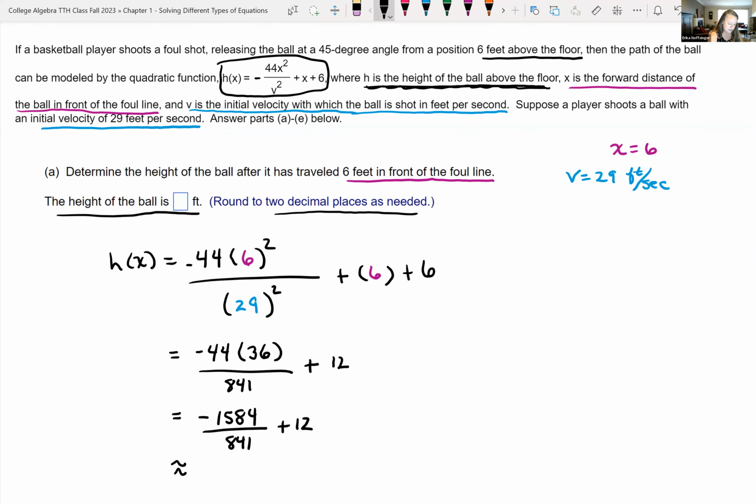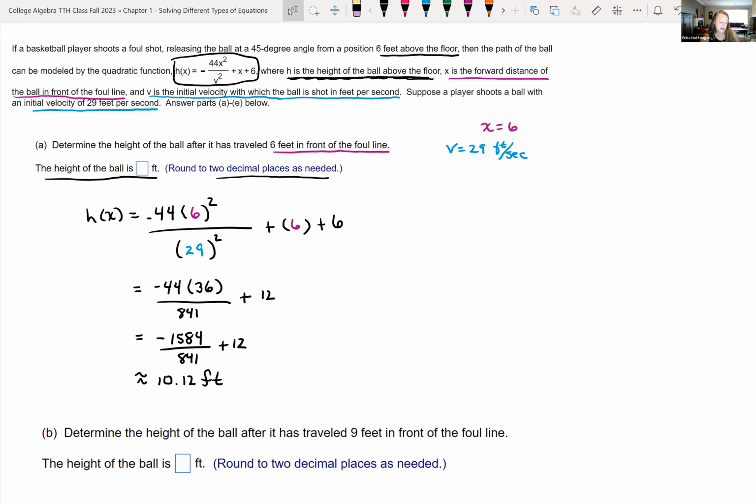This is approximately 10.12 feet. So the height of the ball after it's traveled 6 feet in front of the foul line is 10.12 feet if the initial velocity was 29 feet per second.